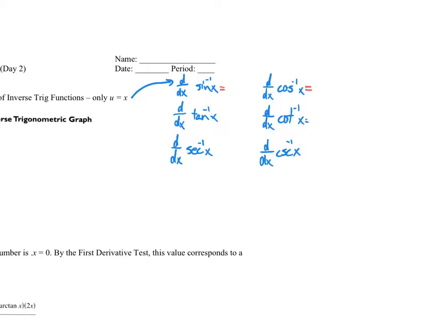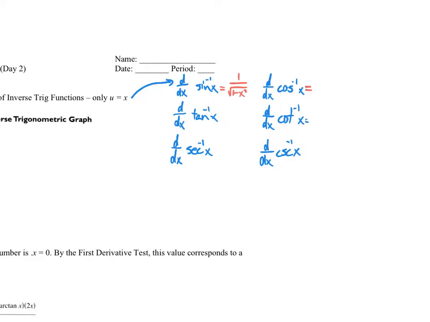So, what's our derivative of arc sine of x? U prime over the square root of 1 minus u squared. Good. And if u is just an x, then what is u prime? 1. So if it's just arc sine of x, it's 1 over the square root of 1 minus x squared.